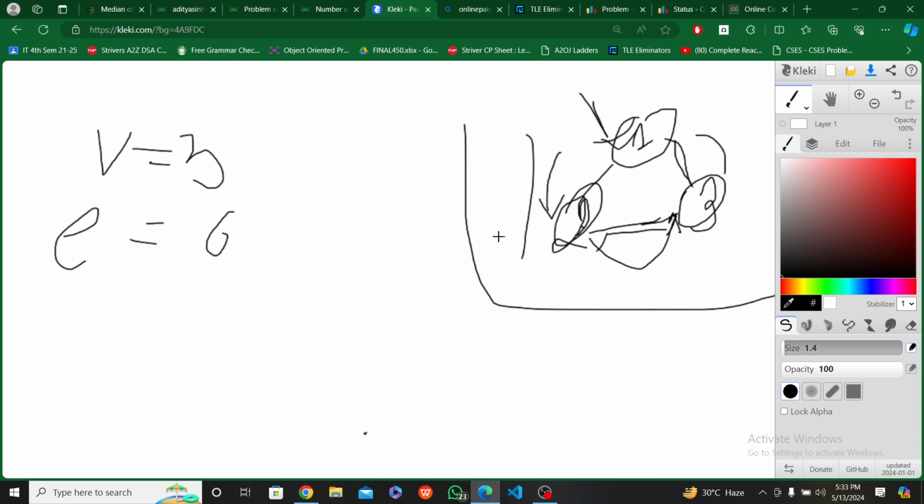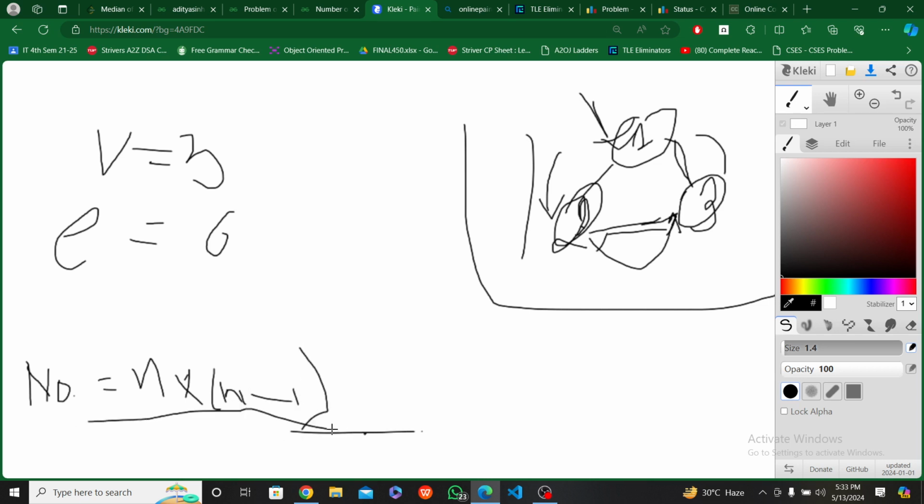So the number of edges, we have discussed just 2 to 3 minutes ago, will be n into n minus 1 divided by 2. You know that?